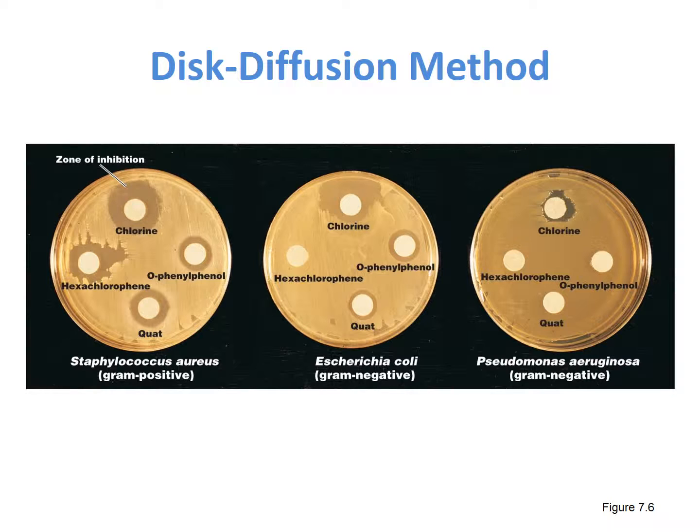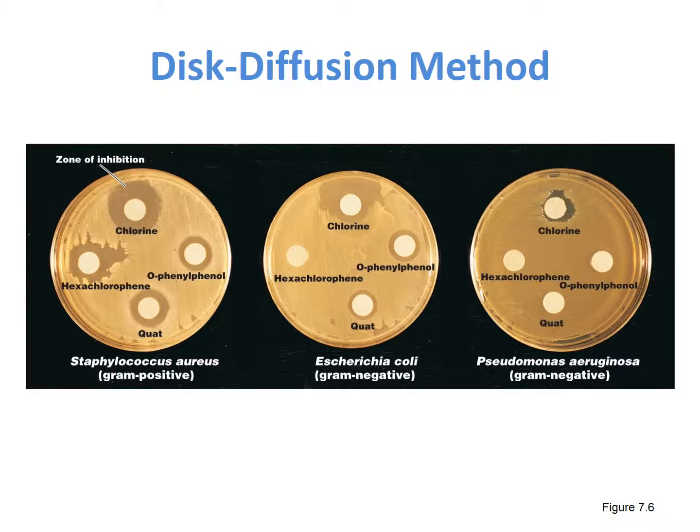inhibition. Notice that Pseudomonas on the far right has no sensitivity to hexachlorophene, O-phenylphenol, or your quaternary ammonium detergent. This is because Pseudomonas aeruginosa is somewhat special. It is a major contributor to nosocomial infections, and it's known to be extremely resistant to many disinfectants, antiseptics, and antibiotics.